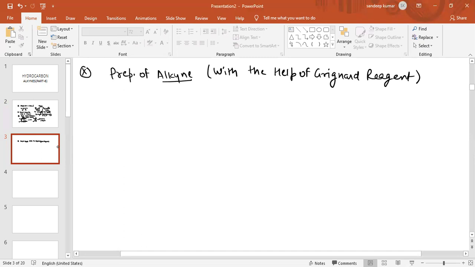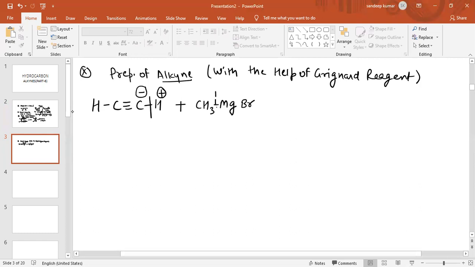Now see the reaction. If the alkyne is given like C triple bond C and H, and a Grignard reagent is also given, which is CH3 MgBr. Now you can see in this case, this carbon will carry a negative charge because this hydrogen is acidic, and this hydrogen will carry a positive charge.